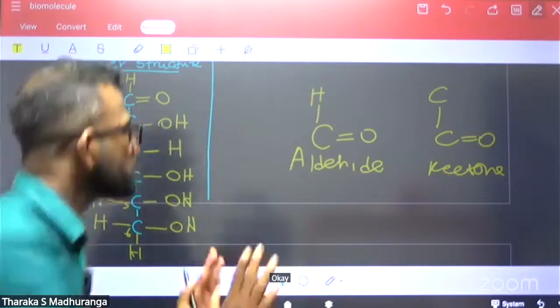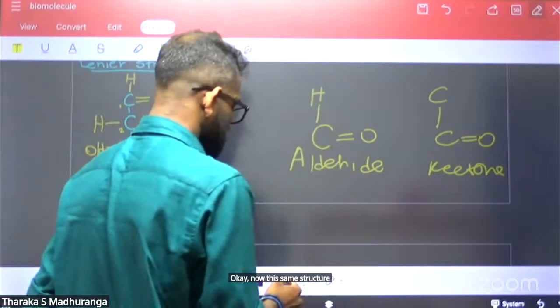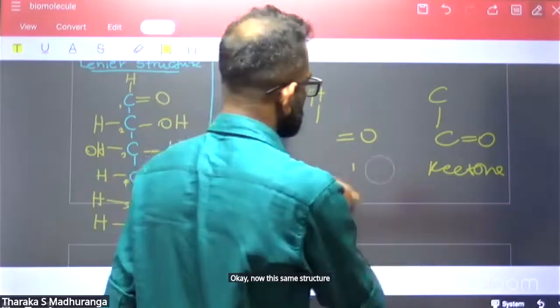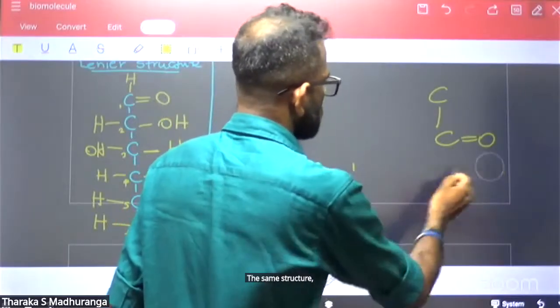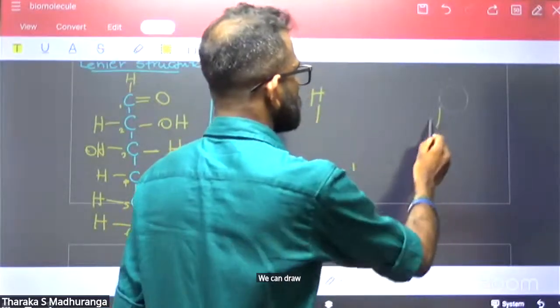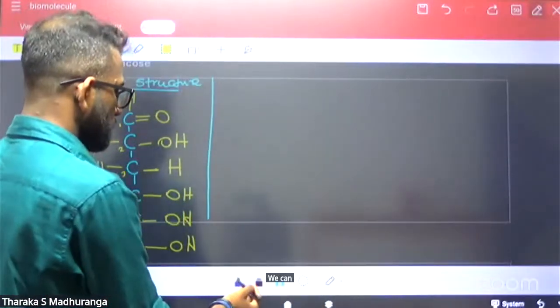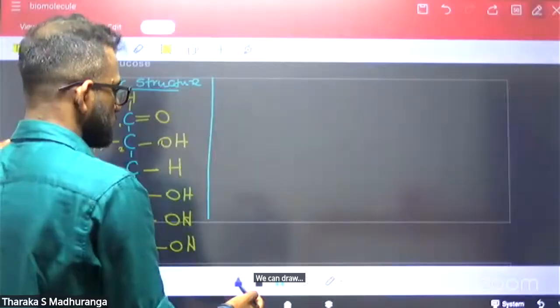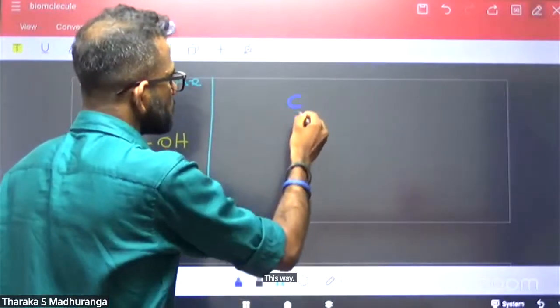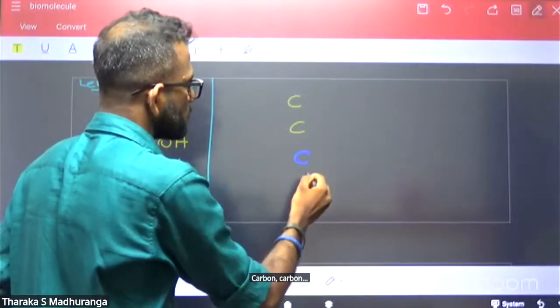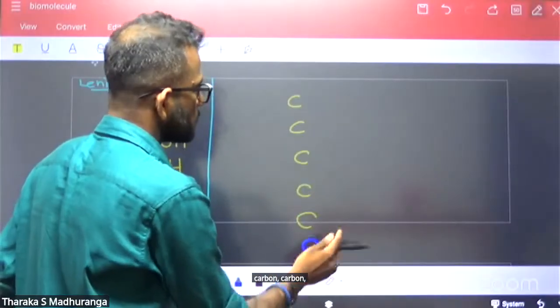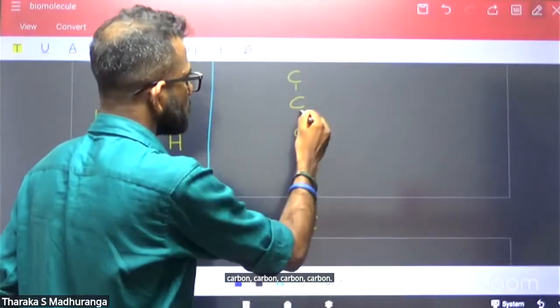Okay, now this same structure we can draw this way. Carbon, carbon, carbon, carbon, carbon, carbon, 6 carbons.